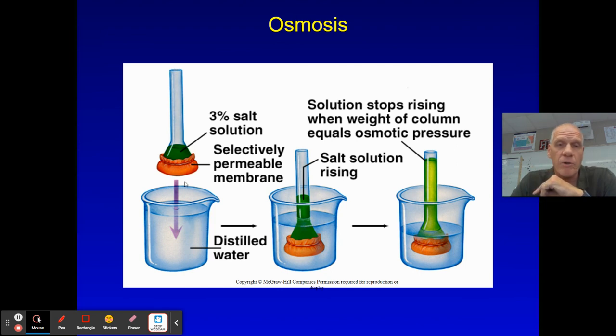Water goes from hypo to hyper. So water is going to move in through this selectively permeable membrane because the salt solution cannot get out of it, and it's going to cause the salt solution to rise and become dilute. So that's what's going to happen there.